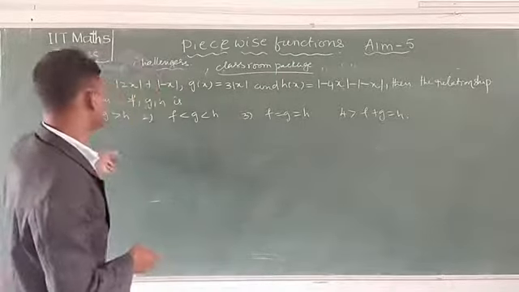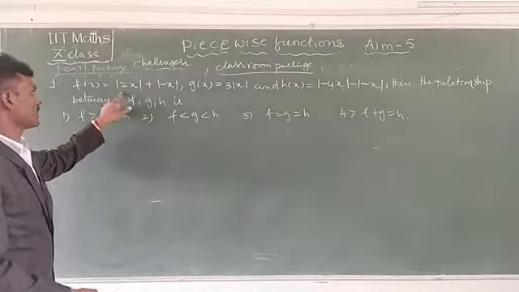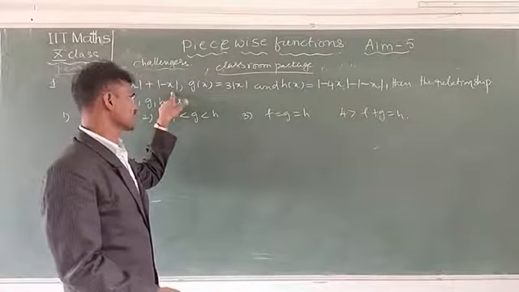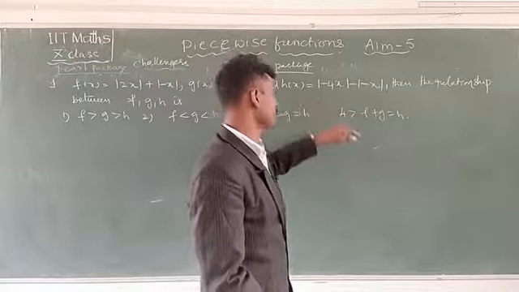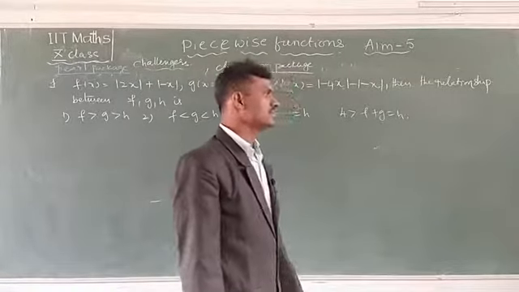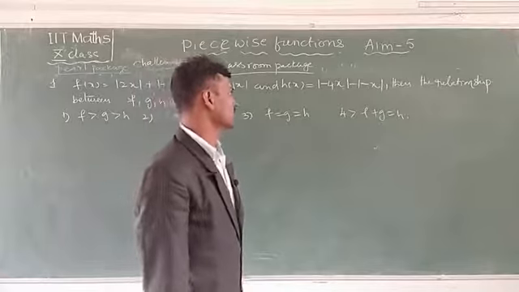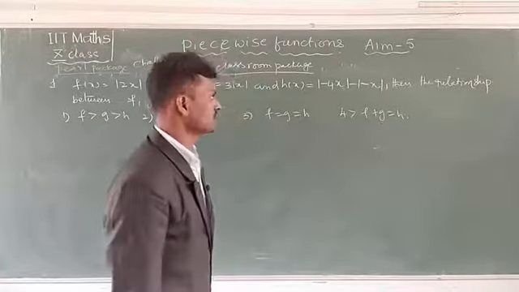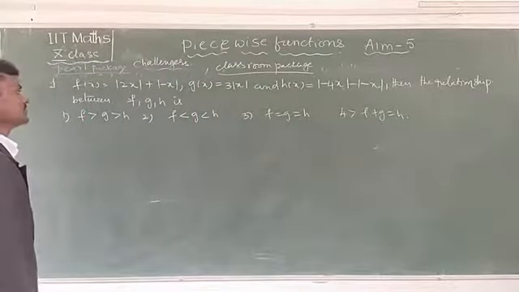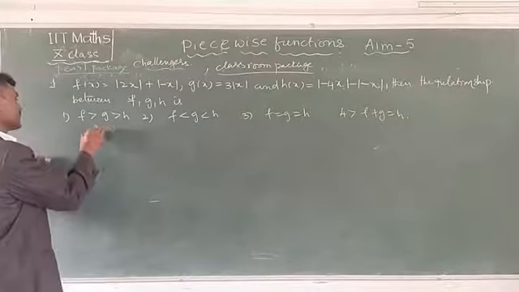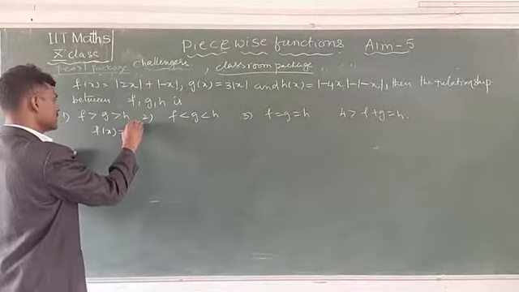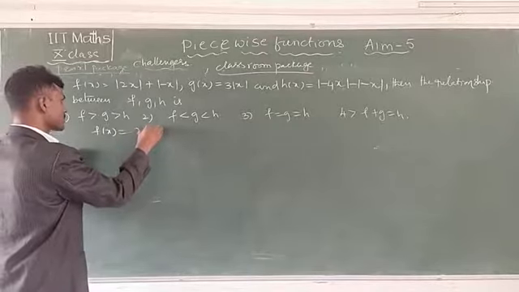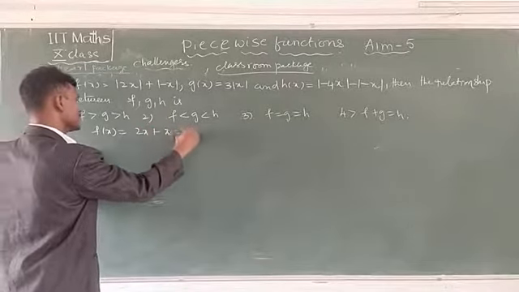Okay, right. See here. f of x is equal to modulus of 2x plus modulus of minus x, and g of x is equal to 3 into modulus of x, and h of x is equal to 1 minus modulus of minus 4x minus modulus of minus x. Then the relationship between f, g, h. See here. First you can write here f of x is equal to modulus of 2x, modulus of 2x is equal to 2x, and modulus of x also x.